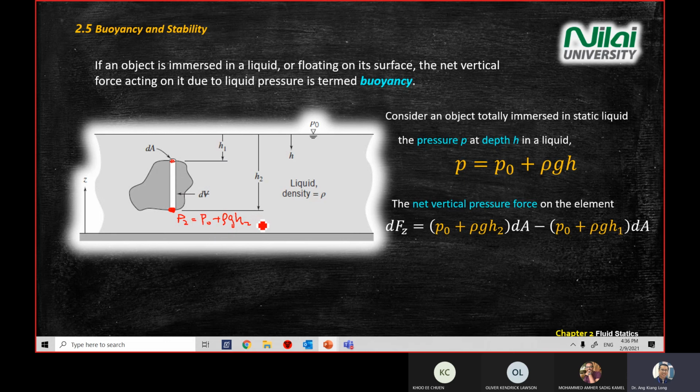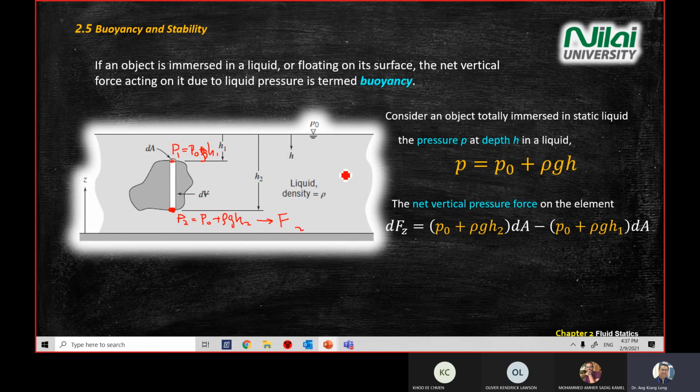Then you convert this pressure into force number 2. Then you do the top one. The pressure acting on point number 1, or the top here, will again be the ambient pressure plus rho GH, and the H here is H1.